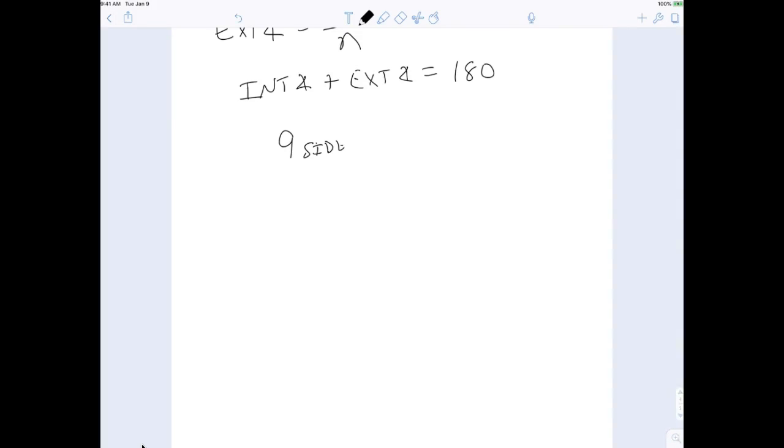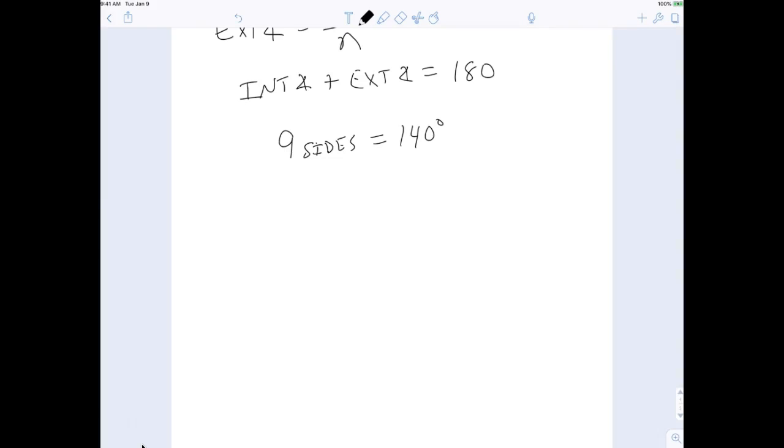This is just mental math. You should be able to say that the interior angle of a regular 9-sided polygon would be 140. Exactly correct. Now, how did you do that so fast? I did 360 divided by 9, and I got 40, and then I did that.